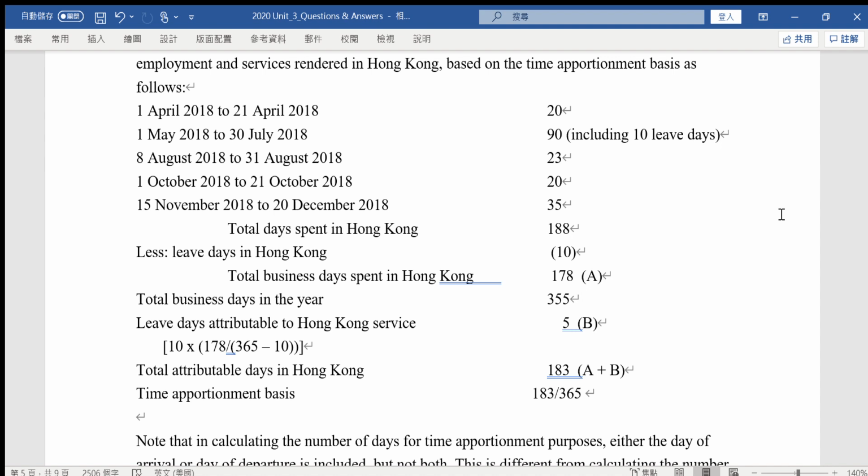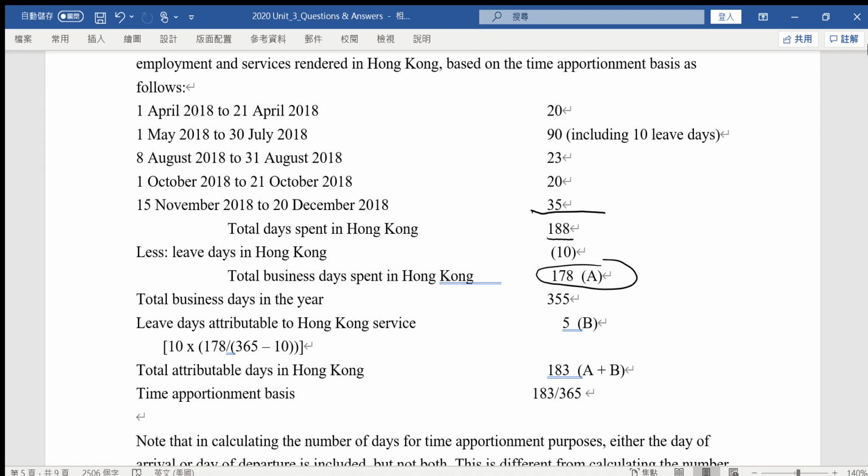That's why the total number of days in this year will be 188 days. But as we all know, this 188 days includes 10 days of leave, and that's why the working days are just 178 only. You need to deduct these 10 days out of the total.